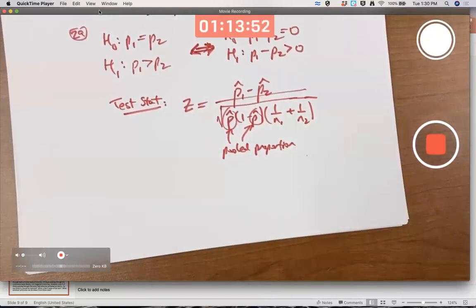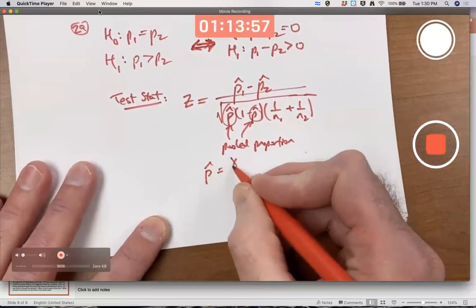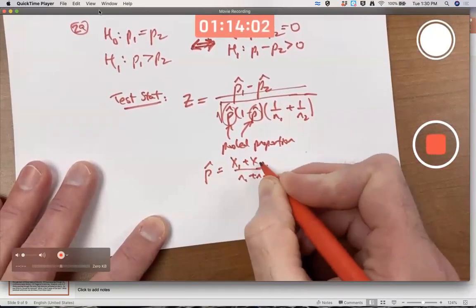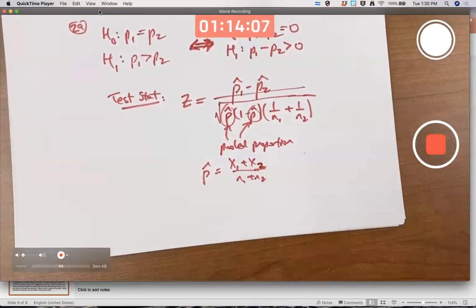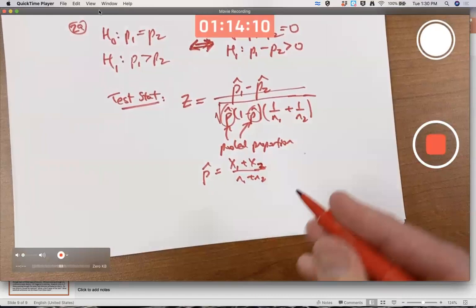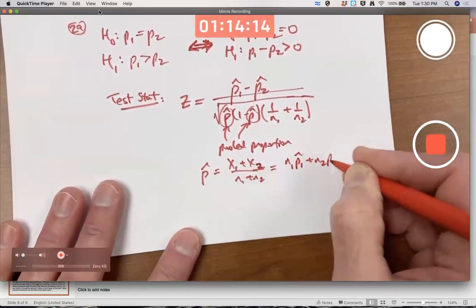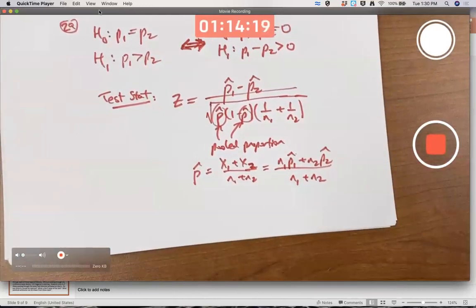It's got two ways it could be computed. You could think of it as x1 plus x2 over n1 plus n2, where P1 hat is x1 over n1 and P2 hat is x2 over n2. Or you could think of it as n1 P1 hat plus n2 P2 hat divided by n1 plus n2. Why in the world is this called a pooled proportion? First of all, because we're pooling the two samples together into one big sample.